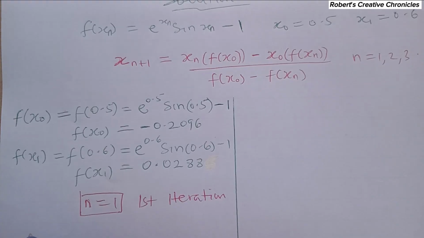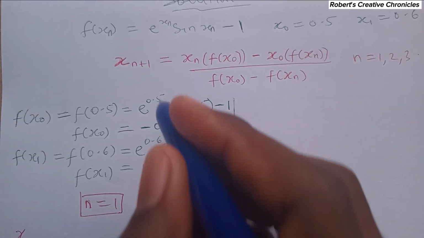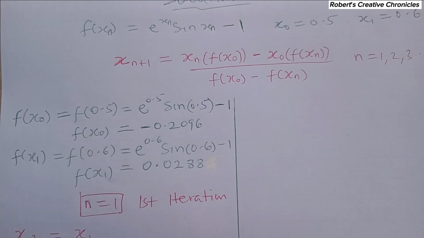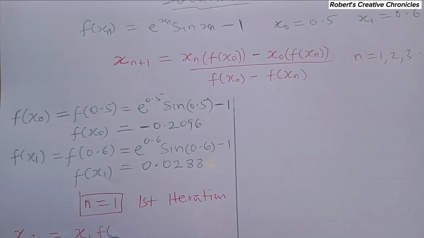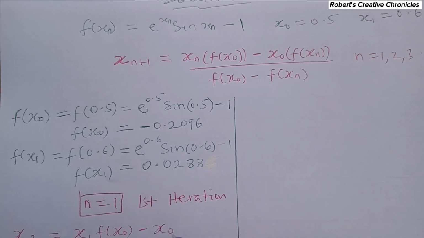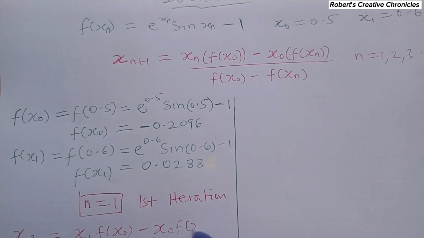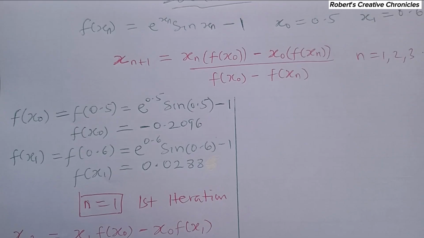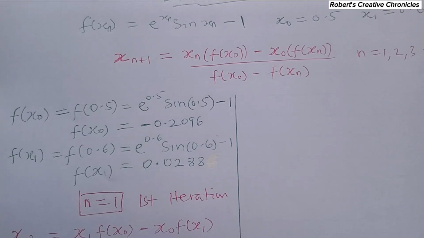So x2 is equal to (x1 f(x0) - x0 f(x1)) over (f(x0) - f(x1)).